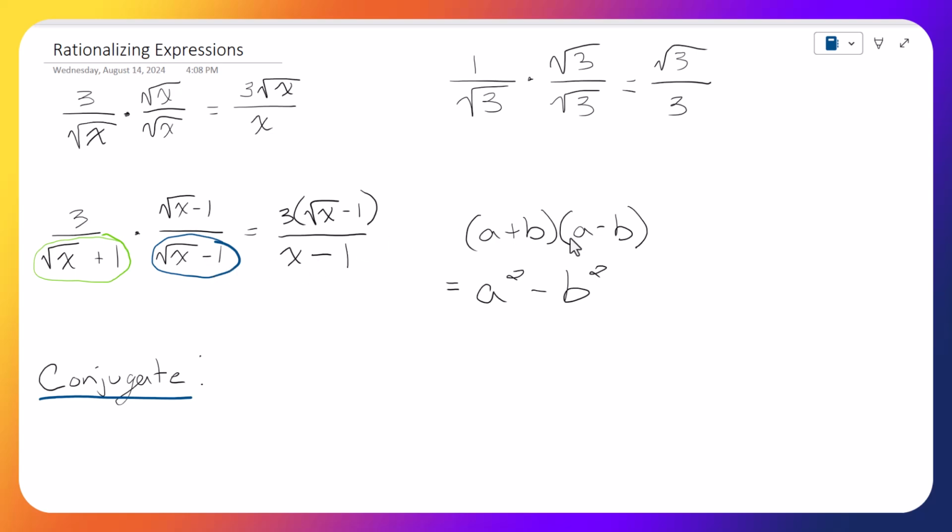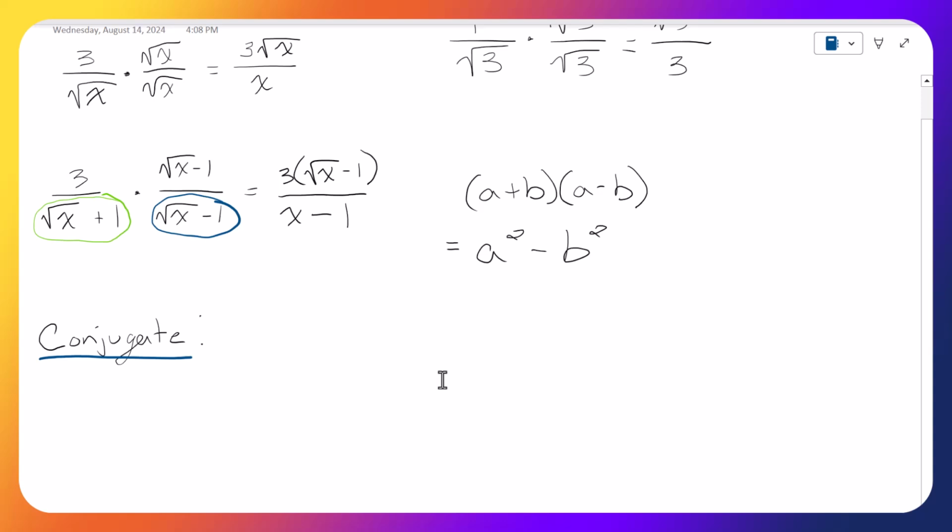You end up with a product that's a difference of squares. It could end up being another thing too, difference of cubes, or I don't even know if that's called difference of cubes, but change the signs more.